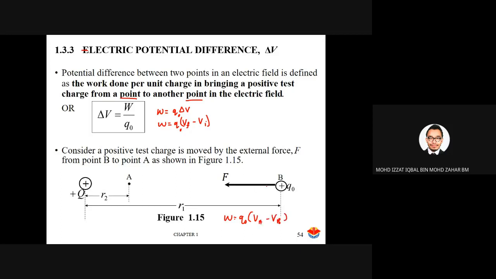Sometimes ada student dia got confused tau. Dia confused delta V ni nak tulis delta VAB ke delta VBA. So biasa saya tak tulis terus. Saya fokus on this because this one is the important thing. So you want to substitute with the correct values. Final minus initial, itu je. Subscript tu jangan peningkan kepala. Just that as long as you substitute the correct value, then should be okay. VA minus VB.